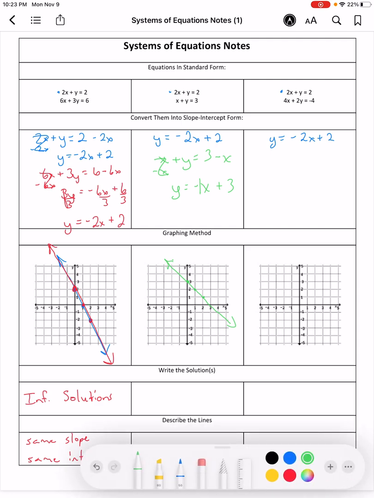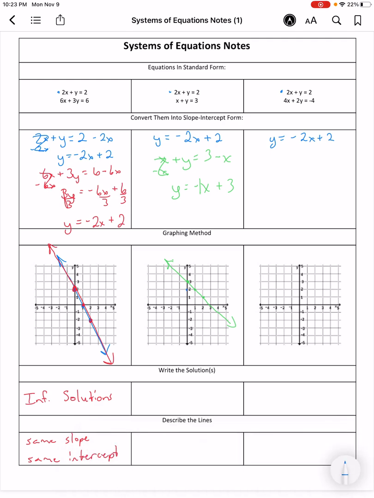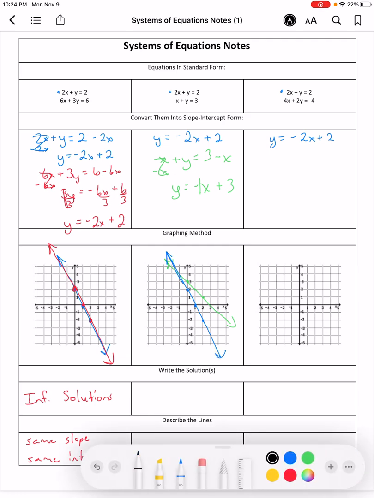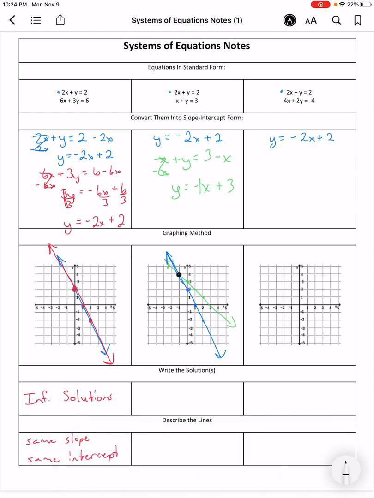Then I would go back and draw my other equation, which was negative 2x plus 2. So I'd go to 2 and go down 2 and right 1, down 2 and right 1, and then draw a line connecting those points as well. And what you should notice is that there is a point where both lines intersect, which is right here. That ordered pair of negative 1, 4 is the solution.